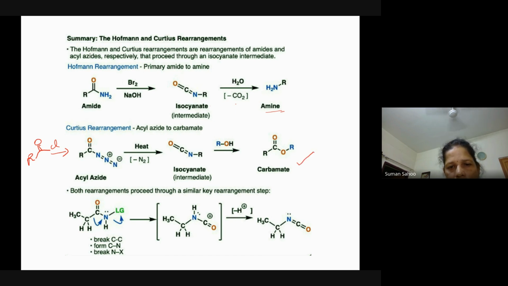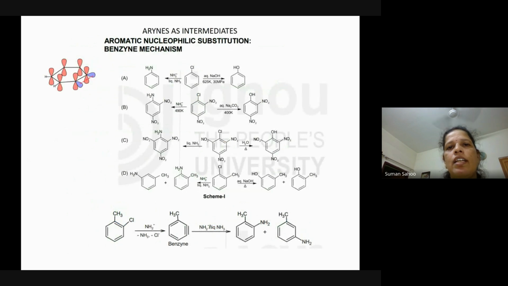So in every rearrangement, the key steps are: first the formation of the nitrene intermediate, then the 1,2 alkyl shift as the leaving group departs, generating your isocyanate intermediate. Then the attack of the nucleophile gives the respective product, whatever the nucleophile is. So that is nitrene as an intermediate.